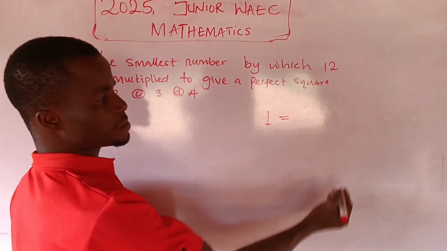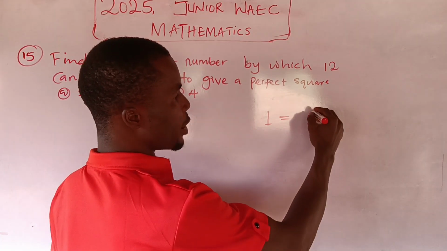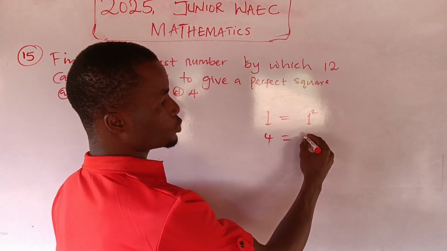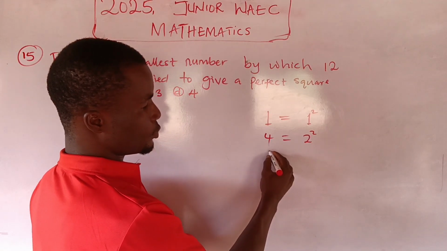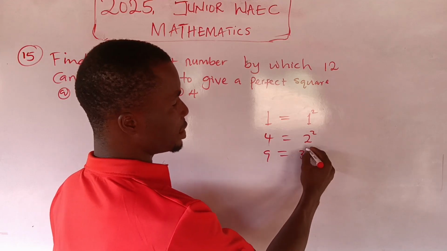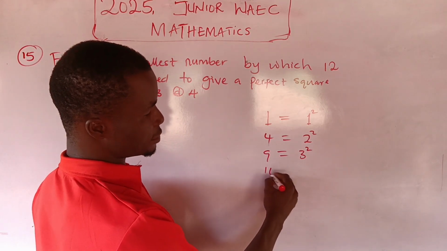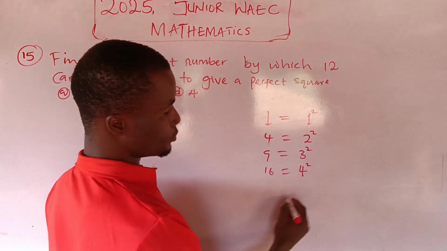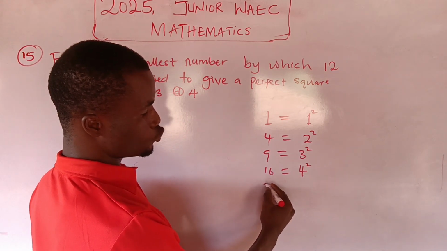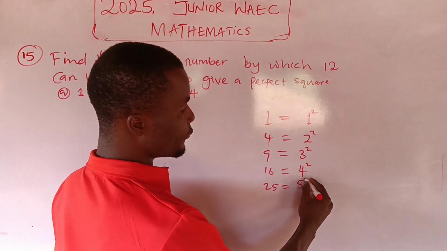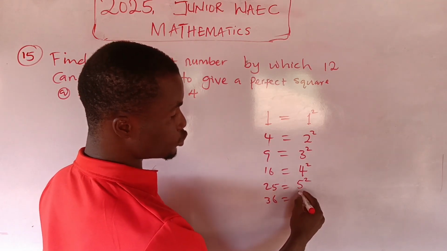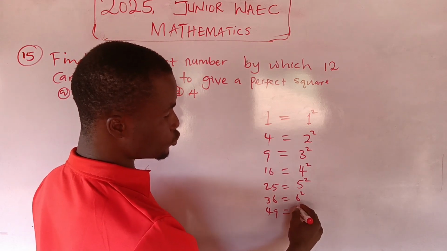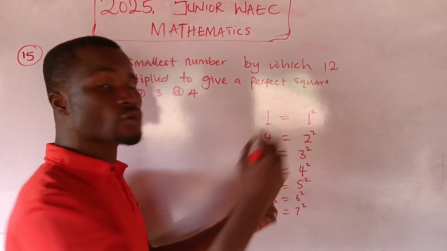1 is equal to 1 square. We have 4 is equal to 2 square. 9 is equal to 3 square. 16 is equal to 4 square. 25 is equal to 5 square. 36 is equal to 6 square. 49 is equal to 7 square, and so on and so forth.